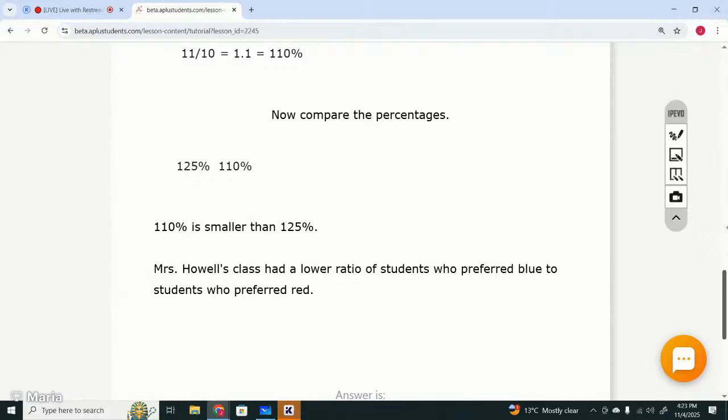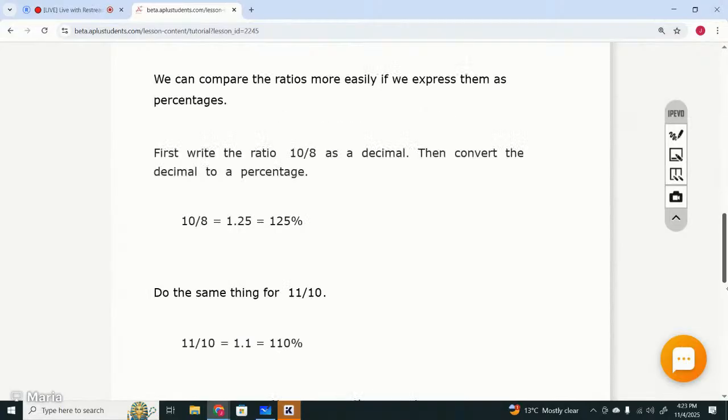So that means 110% is smaller than 125%. Let's just start with the test questions.